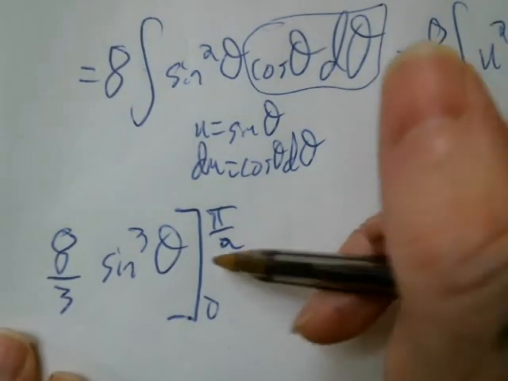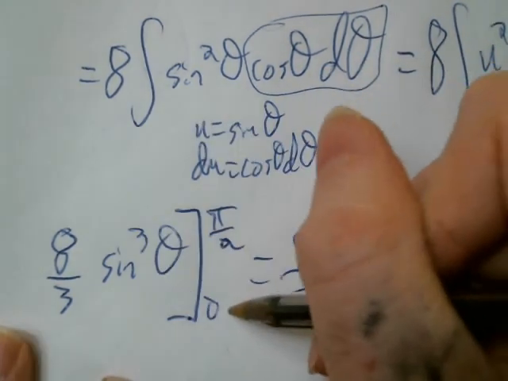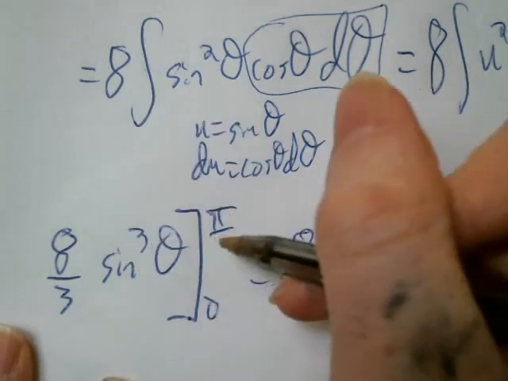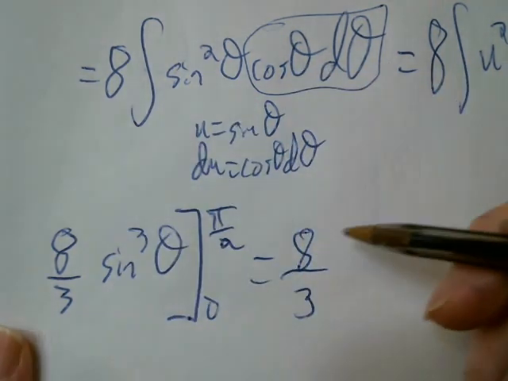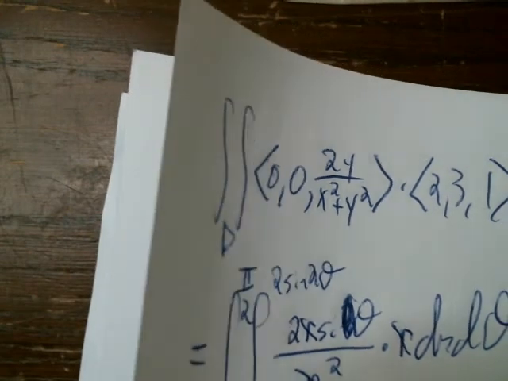Sine of pi over 2 is 1, so 1 cubed is 1, so this will be 8 thirds minus sine of 0. Sine of 0 is 0, 0 cubed is 0 times 8 thirds is 0, so you just get 8 thirds. Okay, so that's what you're going to be looking at in terms of integration. One little mistake, and you're in a world of hurt.